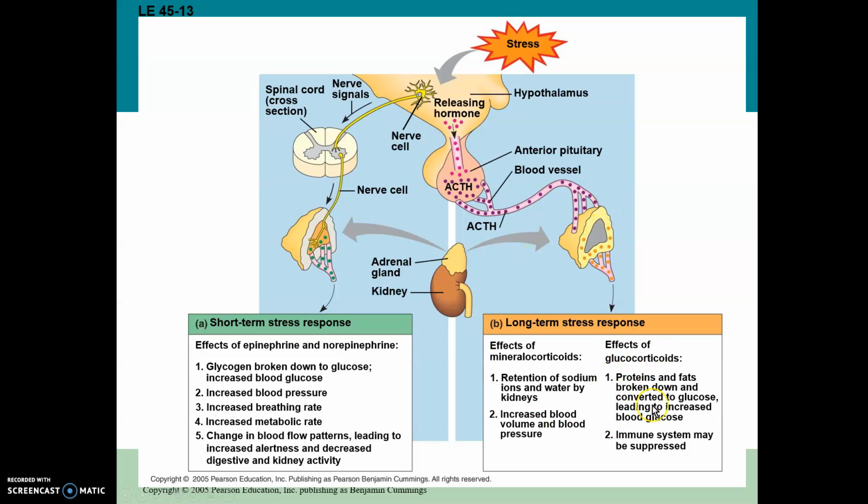You're going to have breakdown of your fats and your glucose, because you're under high stress, your immune system is being suppressed, your blood pressure is going to change, you're retaining sodium, so you're retaining water, so you're under far more stress, which of course is a positive feedback because now you're not getting any kind of break.